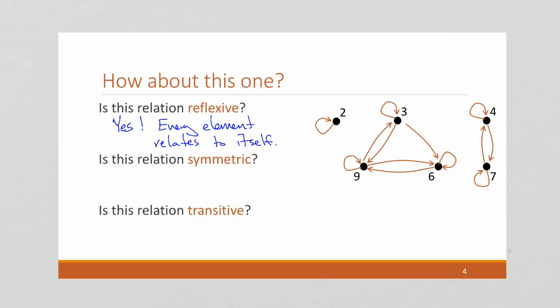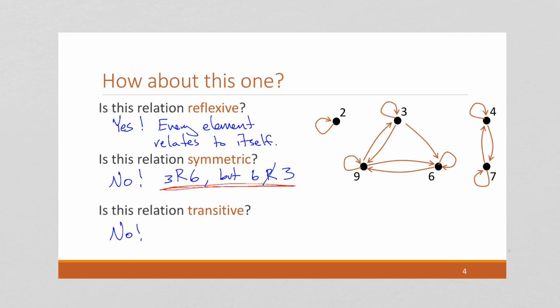Is this relationship symmetric? Think about it for a minute. No, it's not. The reason is because 3 is related to 6, but 6 is not related to 3. That violates our rule of symmetry. And then similarly, is this transitive? No. To disprove it, I need a counterexample.